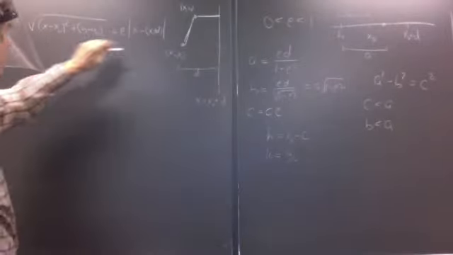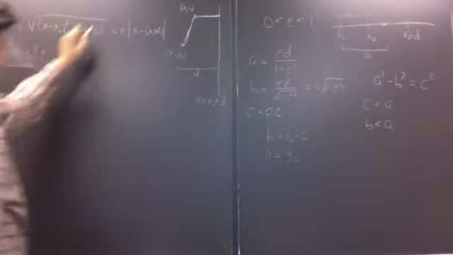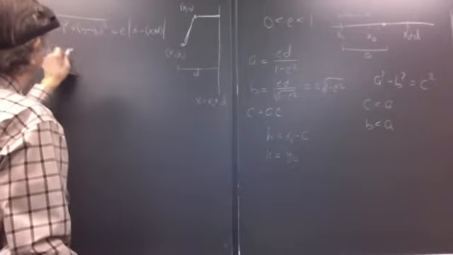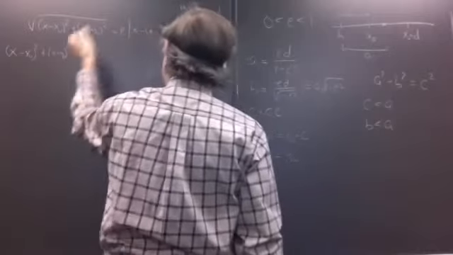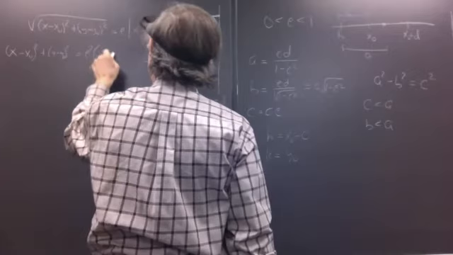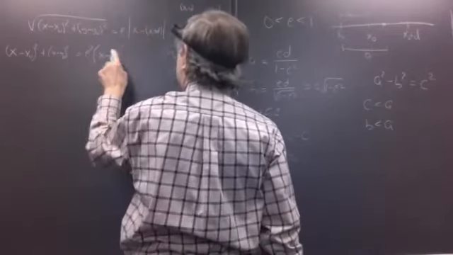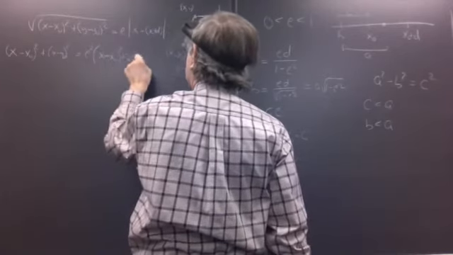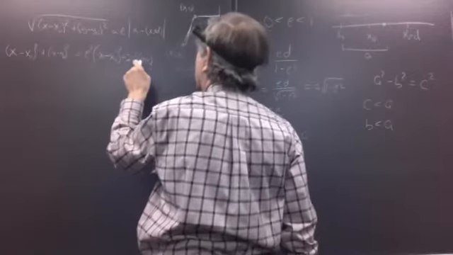When I square both sides here, I get x minus x naught squared plus y minus y naught squared. Over here, I'll get e squared, and the distance, the absolute value squared, just gives me x minus x naught squared, because I'm going to put the x and the x naught together, plus 2 e squared x minus x naught d.